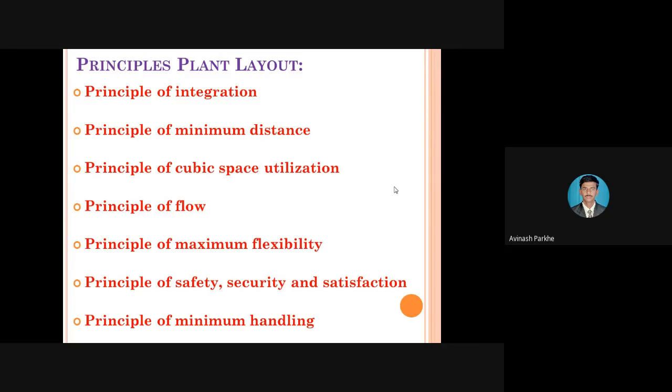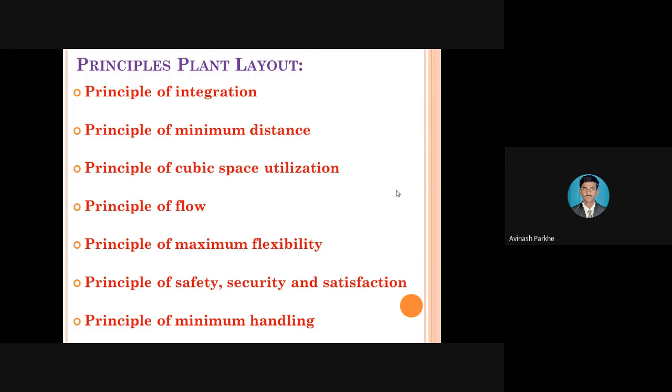But whenever we are locating the machines in the industry, the distance between machine 1 to 2, 2 to 3, 3 to 4 should be very little. If the distance between machine 1 and 2 is very large, the material has to travel a large distance from machine 1 to machine 2. Sometimes two machines are to be handled by a single operator only, so that worker has to travel the maximum distance from machine 1 to machine 2.